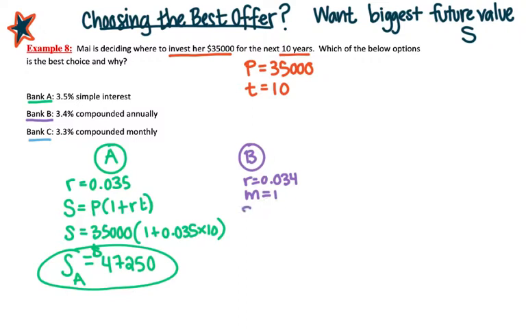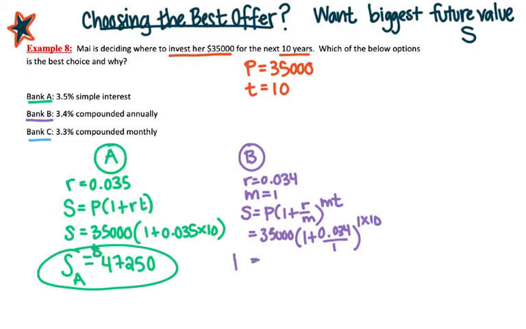So we're going to have to use the uglier compound equation, P 1 plus R over M raised to the power M times T. We'll plug in the starting amount of 35,000, 1 plus 0.034 divided by 1, raised to the power 1 times 10 years, and we will end up that the future value of Bank B is $48,896.20.